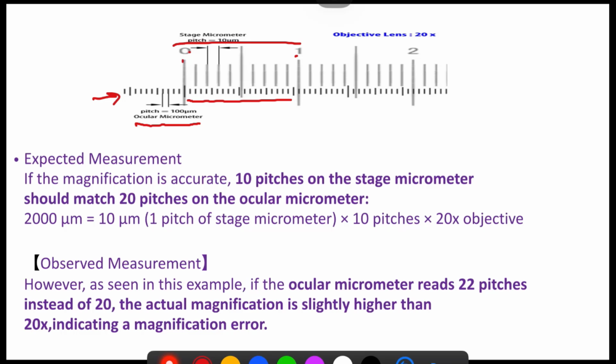So this is the observed measurement. If we see, the ocular micrometer reads 22 pitches instead of 20, right? You can see the difference, it must be up to here, right? So here there is an error.